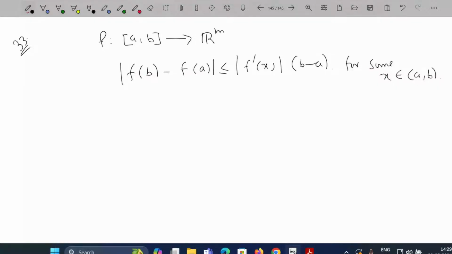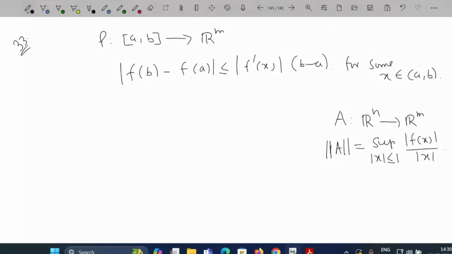If we have a mapping A from Rn to Rn, we define the norm of A as the supremum over norm of x less than or equal to 1 of norm of A x divided by norm of x.